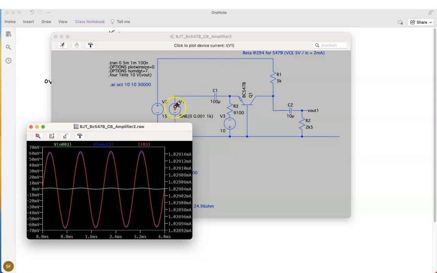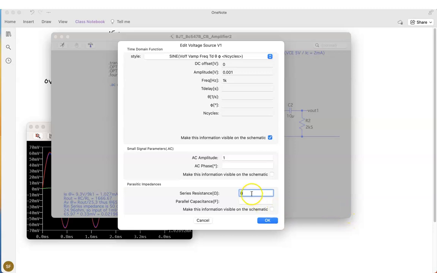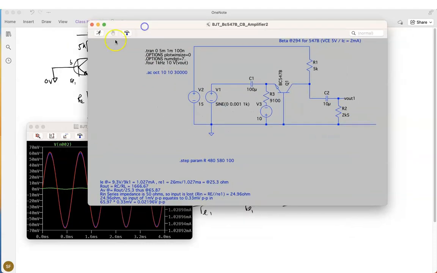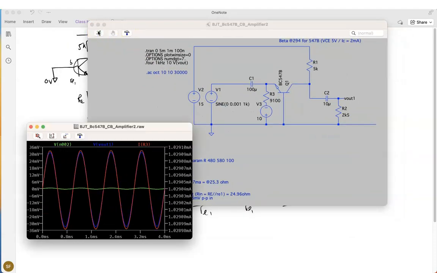So let's just make this 25 and see what we get now. Yeah, it's looking about right. 30 millivolts, approximately half. That's all good.